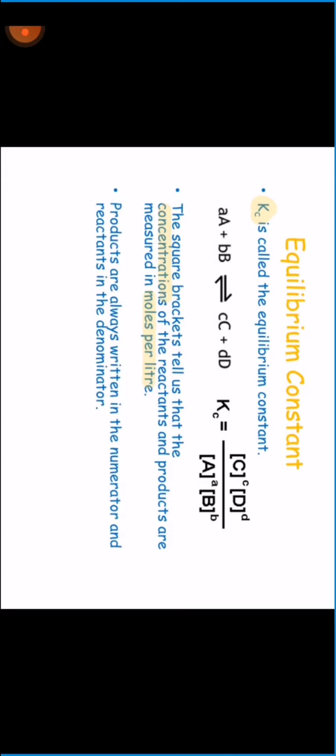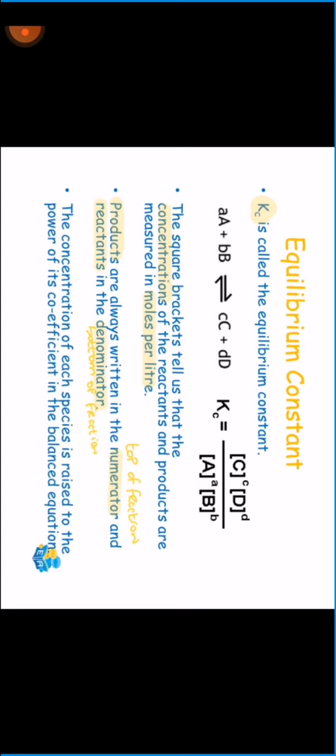Products are always written in the numerator, basically the top of the fraction, and reactants are always in the denominator, which is the bottom of the fraction. The concentration of each of the species is raised to the power of its coefficient in the balanced equation.